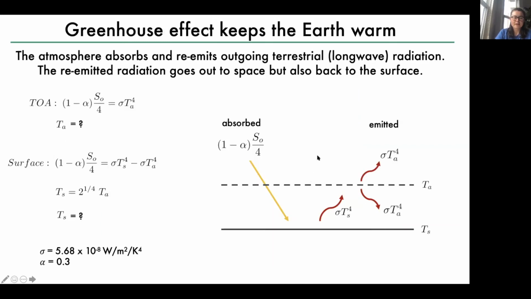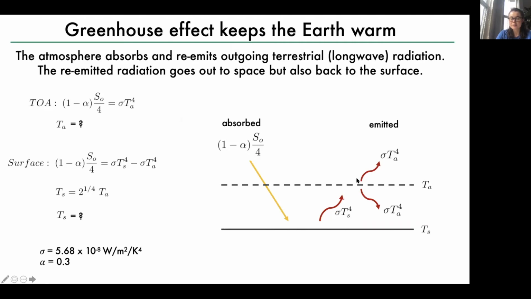So how do we include that? We're not changing what's absorbed, what's coming from the sun, but now we're adding this component where the Earth has this outgoing radiation.